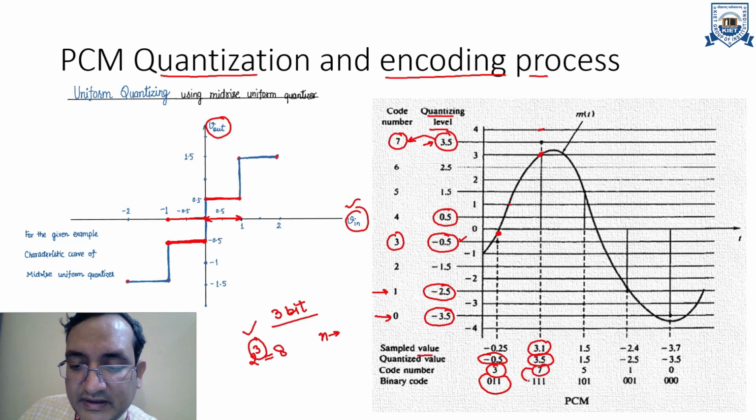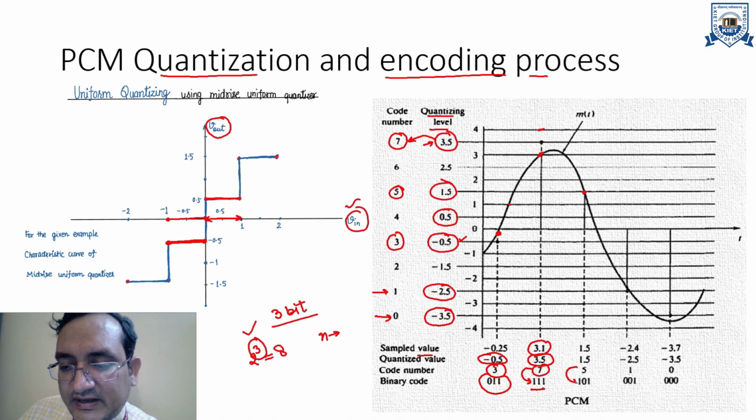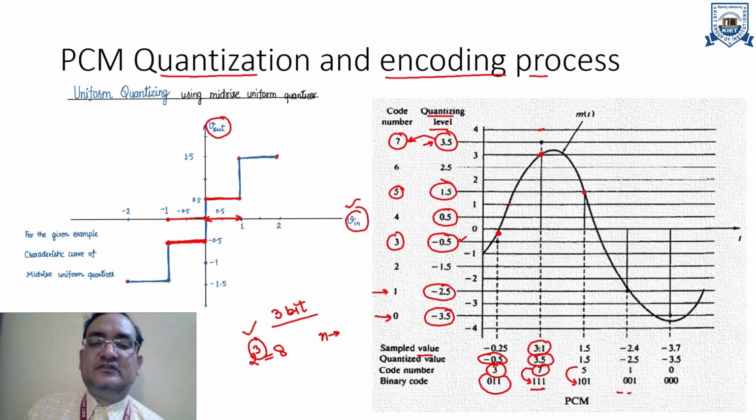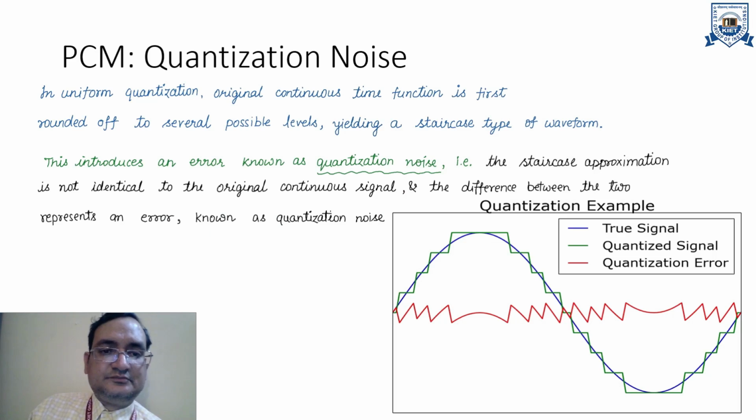The equivalent binary value of 7 is 111. Similarly, this value is 1.5, and 1.5 will be quantized as 1.5 because it is exactly equal to the quantizing level. So 1.5 is the number 5. So 5 will be encoded as 101 and so on. So this is the simple quantization and encoding process with the pictorial presentation.